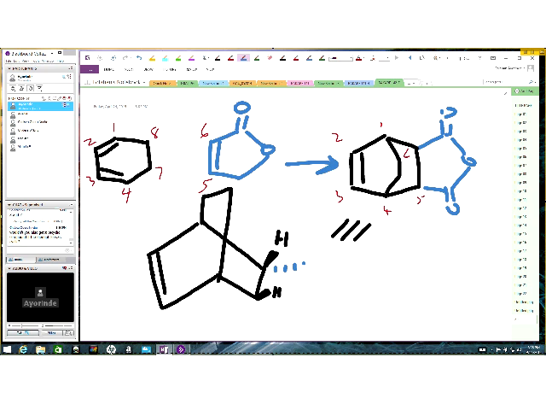I'll say okay, and that is what you get. So somebody asked me, supposing you have a ring system in the dienophile, which is what we have here.